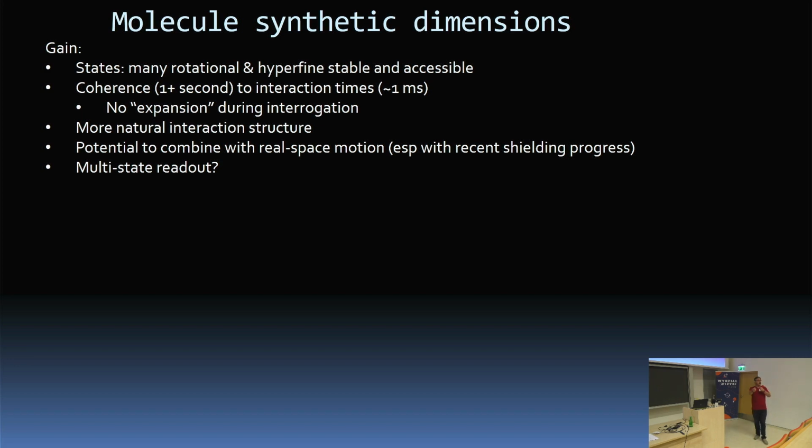With the Rydberg atoms, interactions are so strong that these atoms don't move around at all in the time of the experiment. You can't let them or else things would be ruined. For a long time, I thought the same thing would be true with molecules. I was very pessimistic about letting molecules move around. But with the incredible advances in shielding in the last couple of years, I'm now becoming much more optimistic that we can do interesting things there.